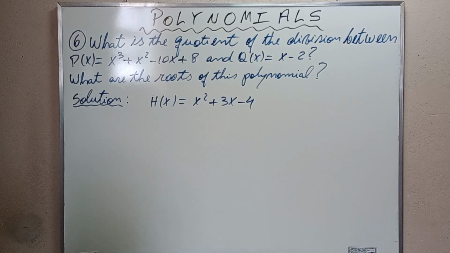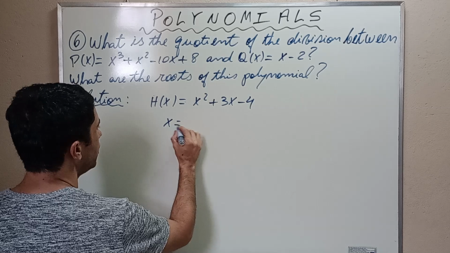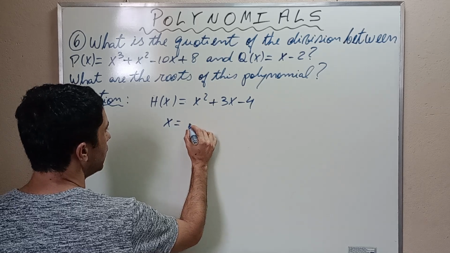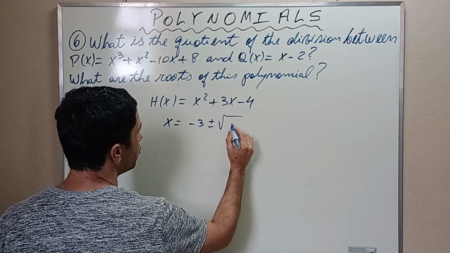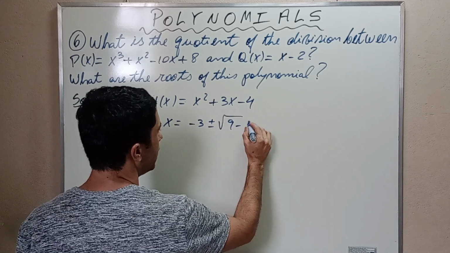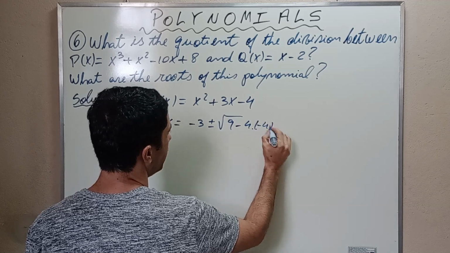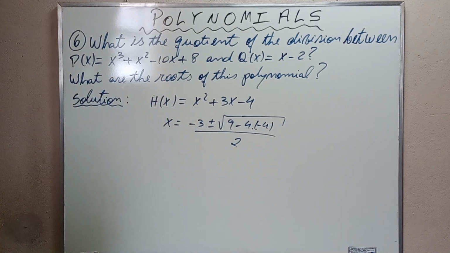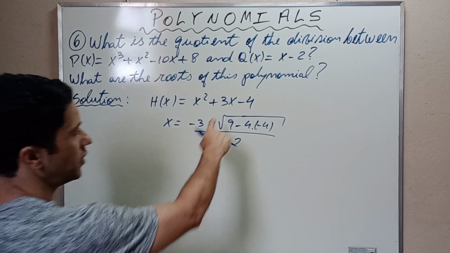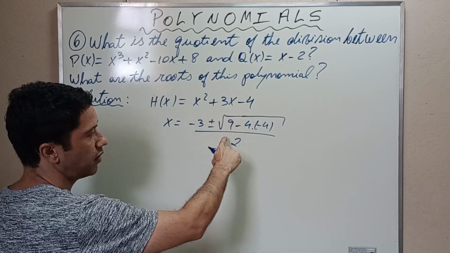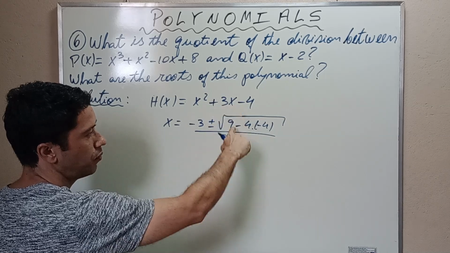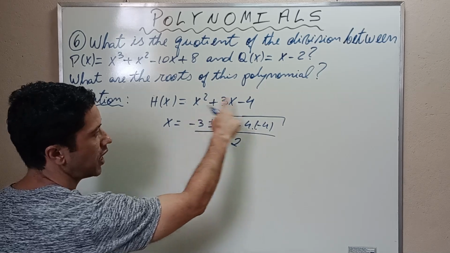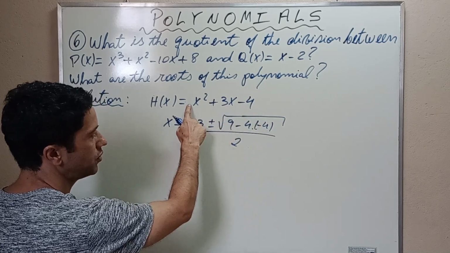We are going to use the quadratic formula to find the roots. X is equal to negative 3 plus minus the square root of 9 minus 4 times negative 4 divided by 2, okay? This is the quadratic formula, okay? It is negative this plus minus the square root of this minus 4 times this divided by 2 times this, okay?